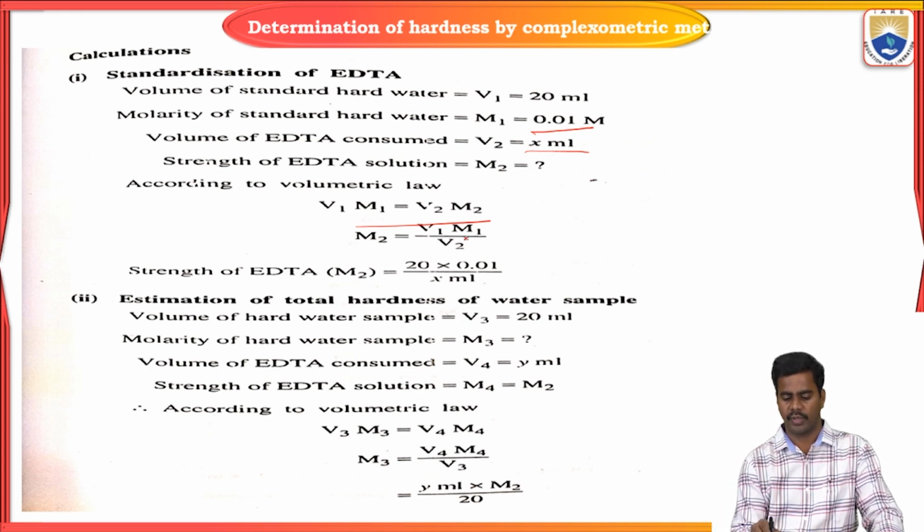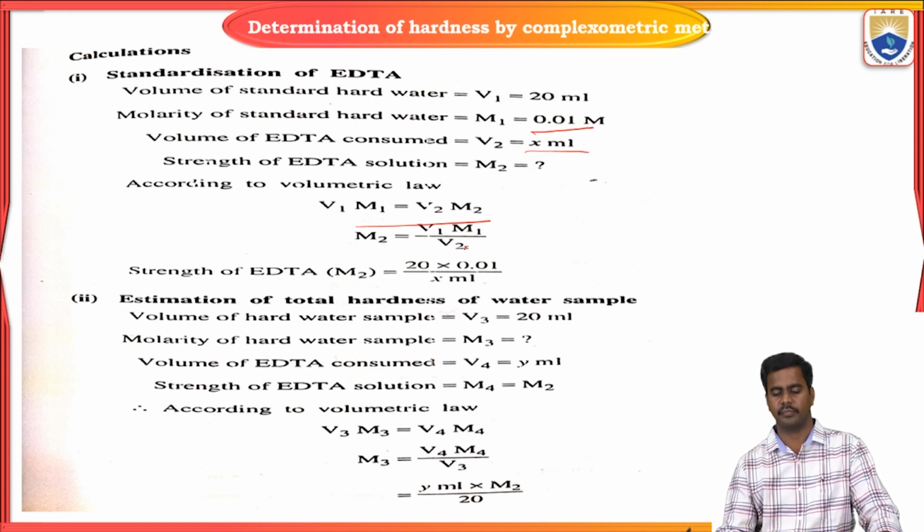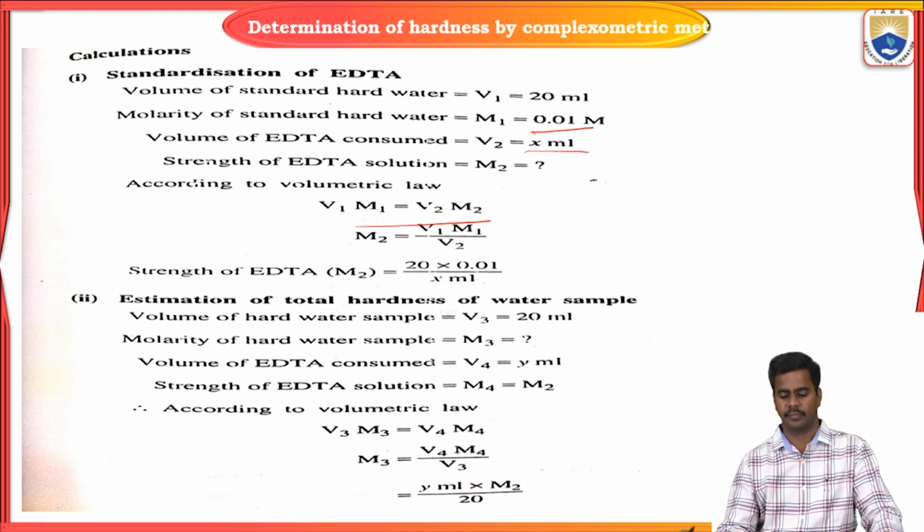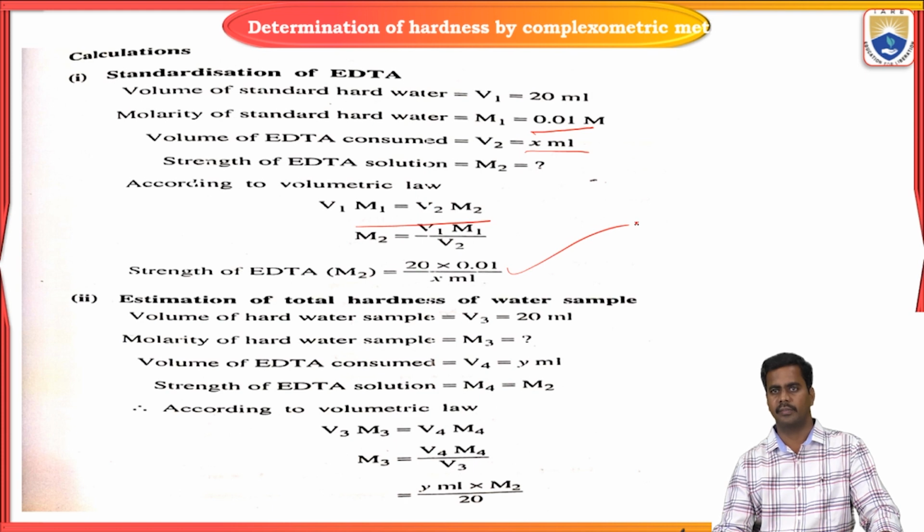M2 is equal to V1 M1 by V2. So the strength of EDTA is equal to 20 into 0.01 by X ml. By using this formula, we can find the M2 value, that is the standardized EDTA concentration.